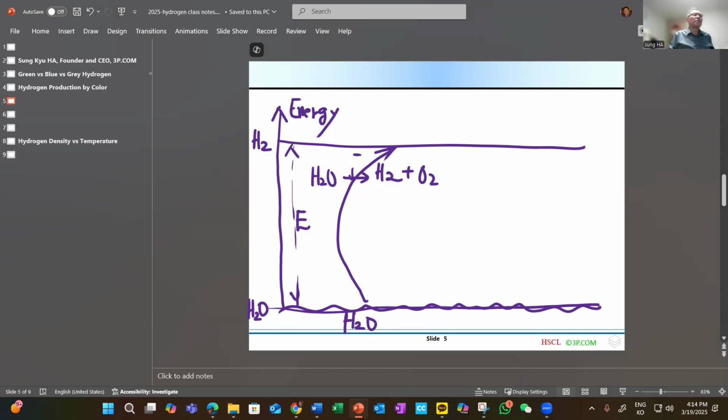So this much energy is needed to apply to convert H2O into H2 plus O2. So the H2, you can see the energy level is very high. And then this H2 can be transported from position A to B.